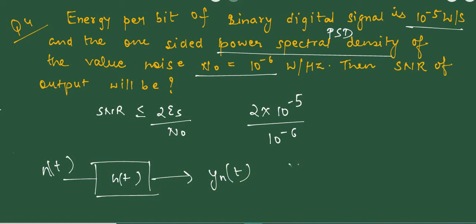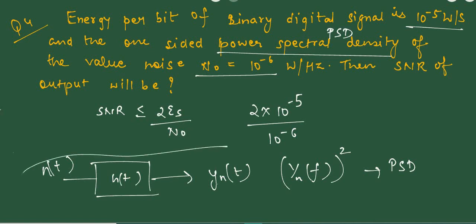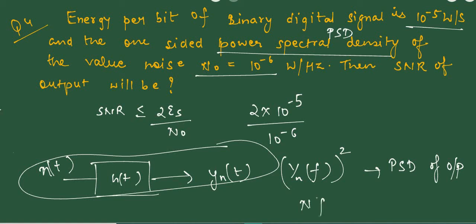Then your N_o(f) in the frequency domain, if squared, is the power spectral density, and because of this diagram we can term it as the power spectral density of the output, and the power spectral density of the input will become |N(f)| square, because we were sending n(t) and we have to take its Fourier transform N(f), and then we have to square it.